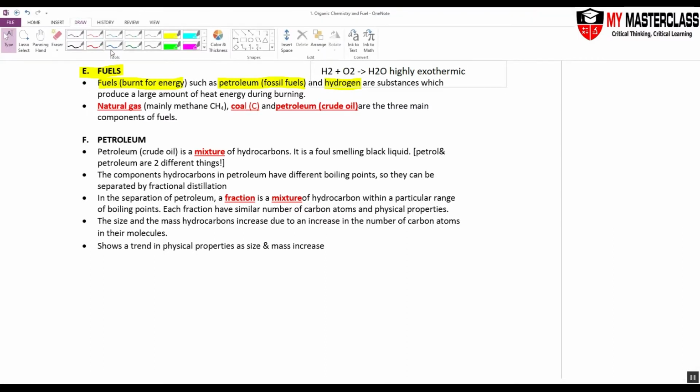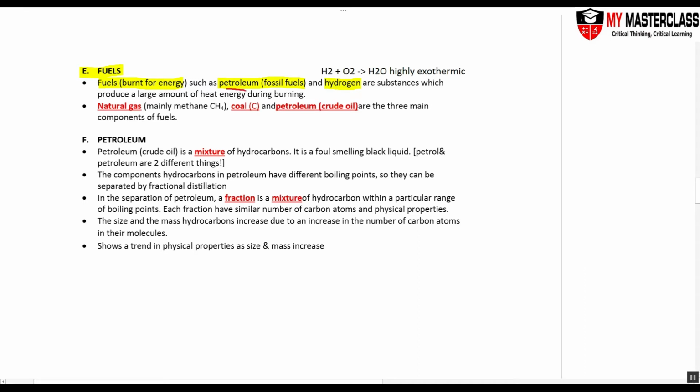The other example of fuel is petroleum, which is also known as fossil fuel. Petroleum, fossil fuel, or crude oil, occurs from when the dinosaurs died millions of years ago. The remains, the carbon and hydrogen from the dinosaur's body, decomposed and entered the soil.